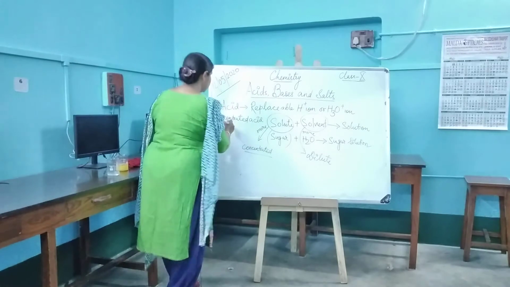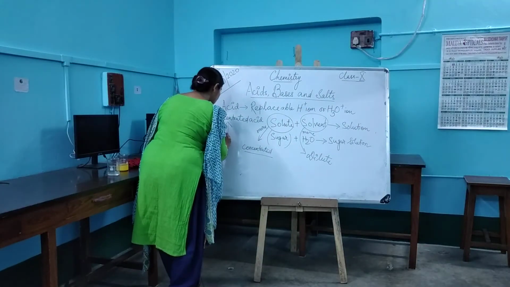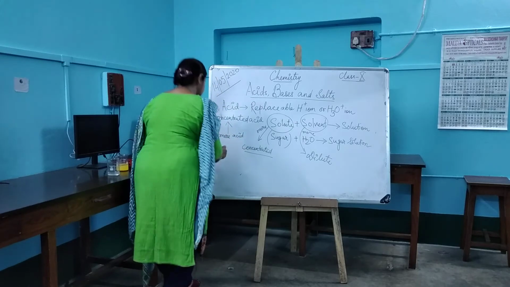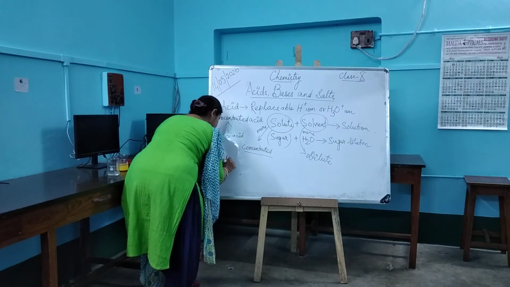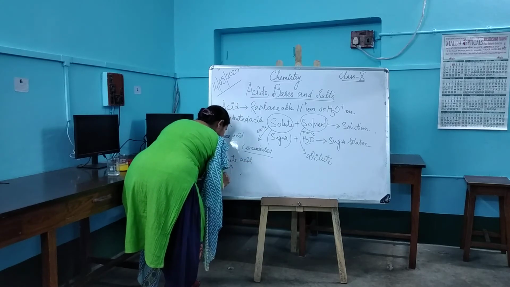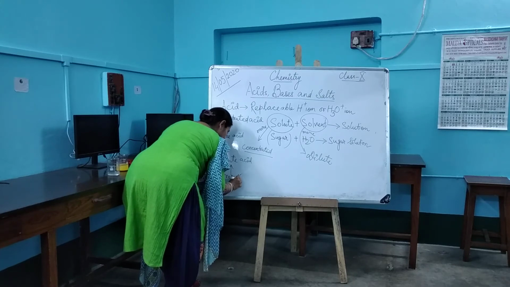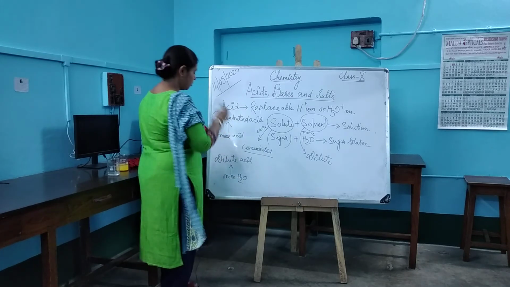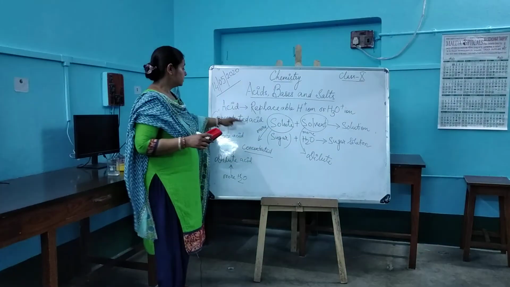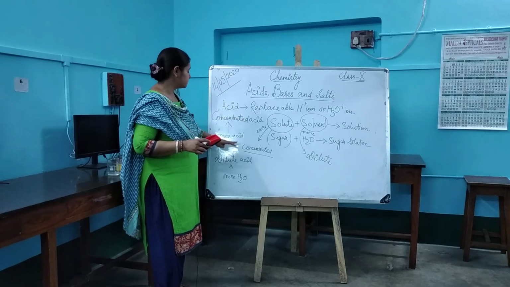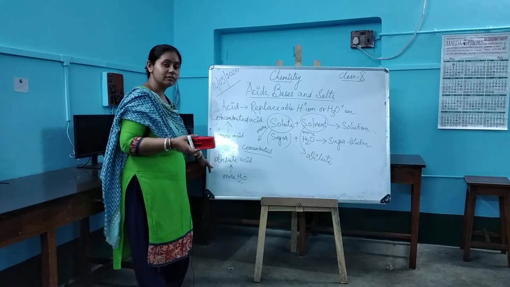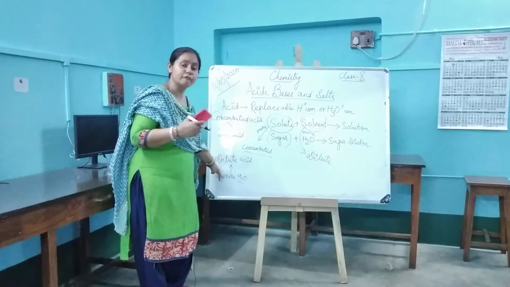So concentrated acid means more acid, and dilute acid means more water, or less acid. Concentrated acid will always mean that there is more acid, and dilute acid will always mean that there is more water.